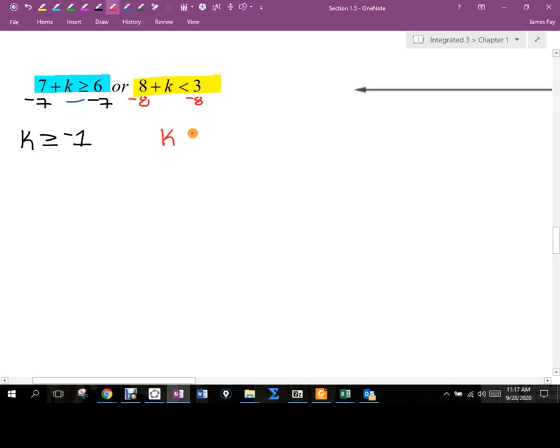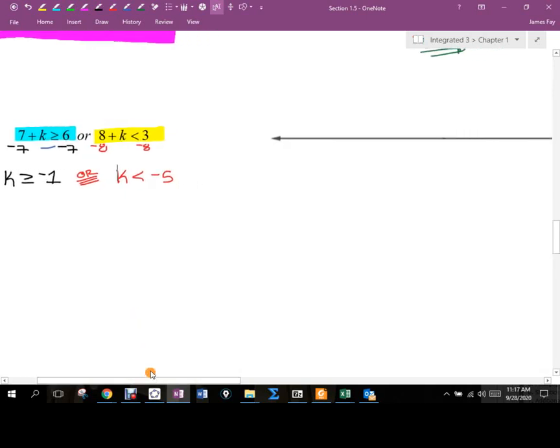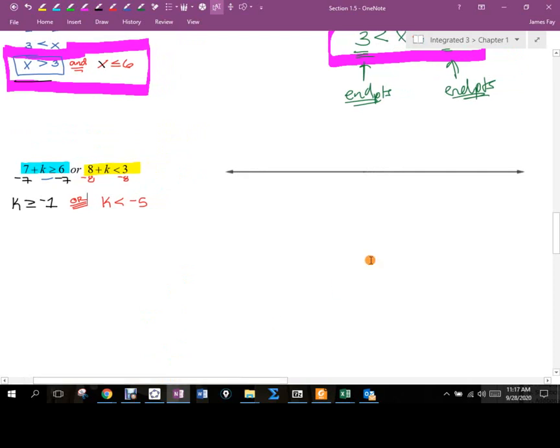So K is less than -5. So we go to our graph and find -5 and -1. I'm just going to put -5 there. It's further to the left than -1. That's usually how I do my number lines. I think at this stage we all should know what happens to the left of -5, between -5 and -1, and to the right of -1.